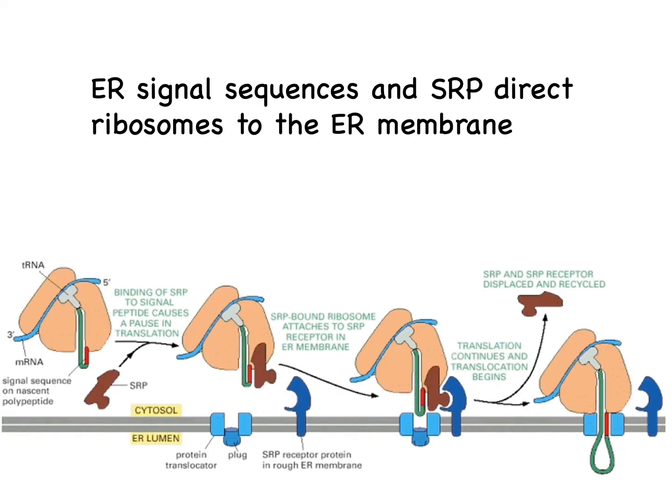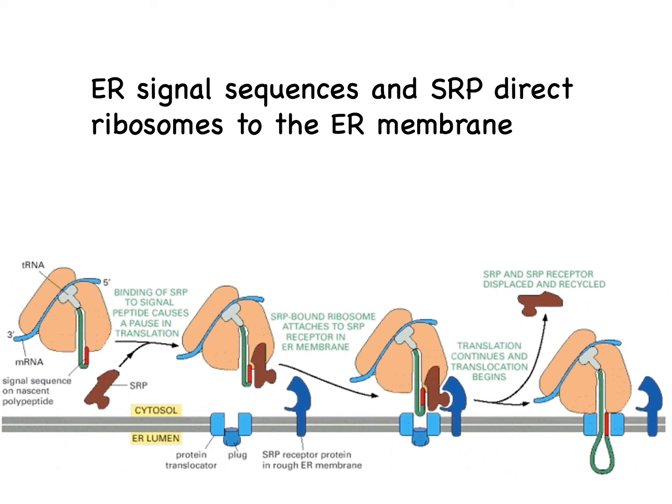So this is kind of shown here. We've got on the left the ribosome making a nascent peptide, with the signal sequence shown in red, and then the rest of the peptide in green.